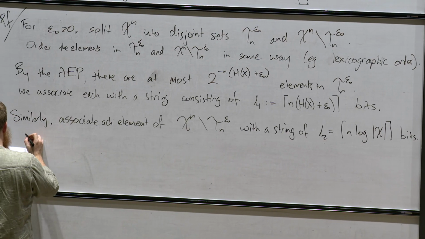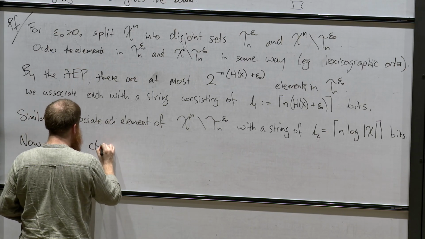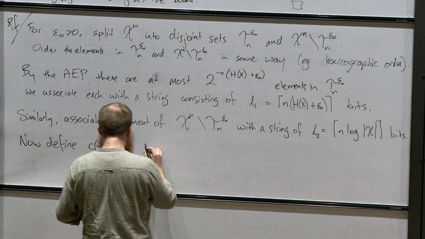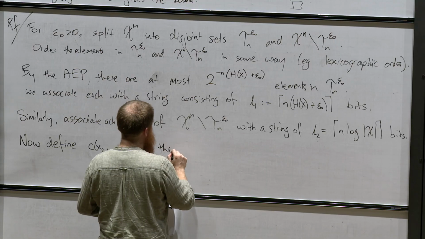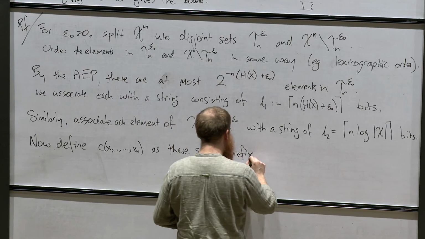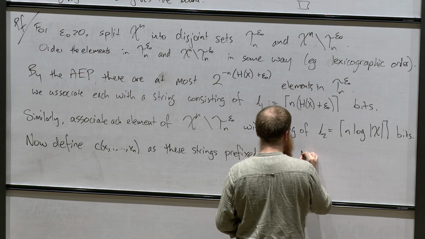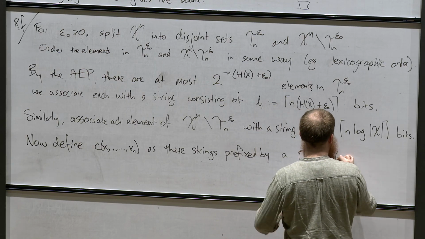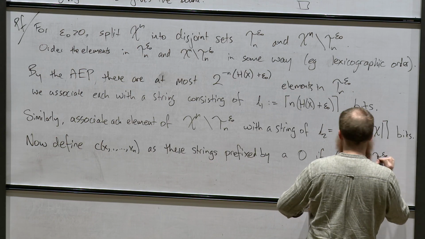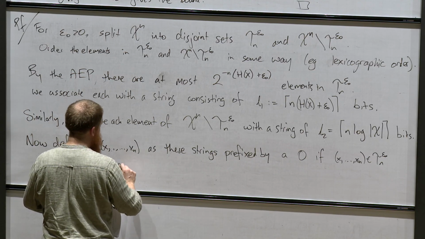Okay. Now define C of x1 through to xn as these strings prefixed by a 0 if x1 through to xn is typical, or by 1 otherwise.